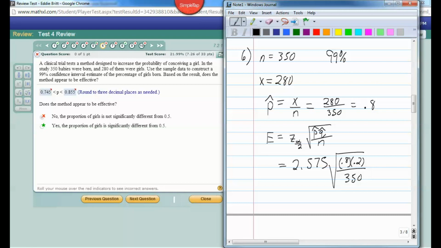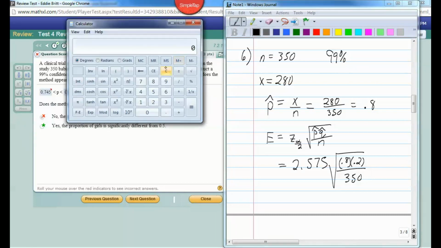Alright, so let's use a calculator to find that. 0.8 times 0.2 divided by 350. Take the square root of that, then multiply that times 2.575. Alright, so there's the margin of error.